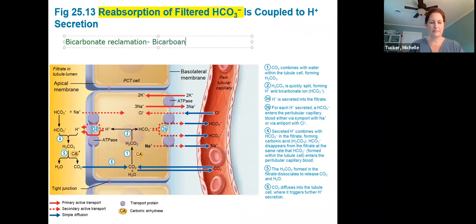Bicarbonate, which is HCO3 minus, is saved from excretion, or rescued from excretion.